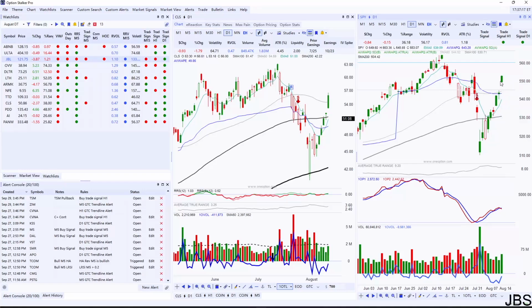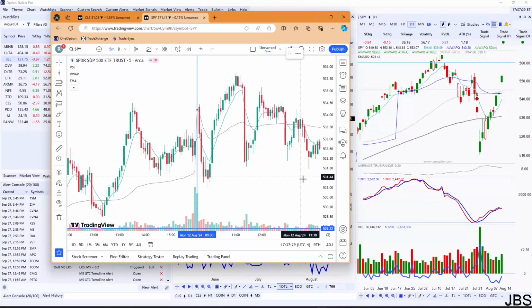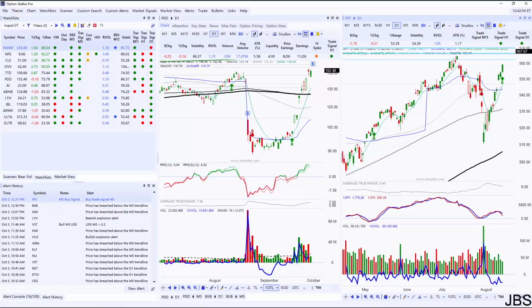So here is the stock on the 15th. And let's take a look here. Let's go to SPY on the 15th. All right, so the next stock we took was PDD as a day trade long on 8/16.